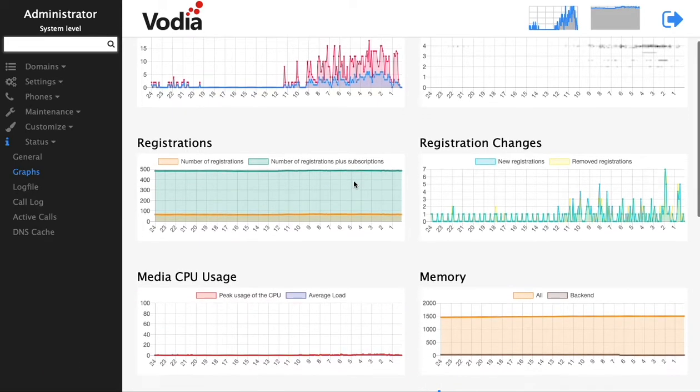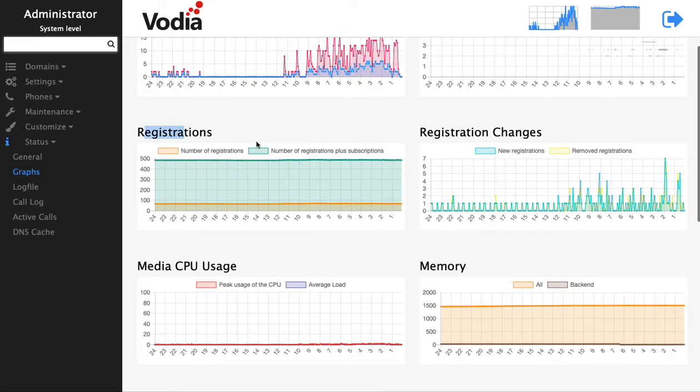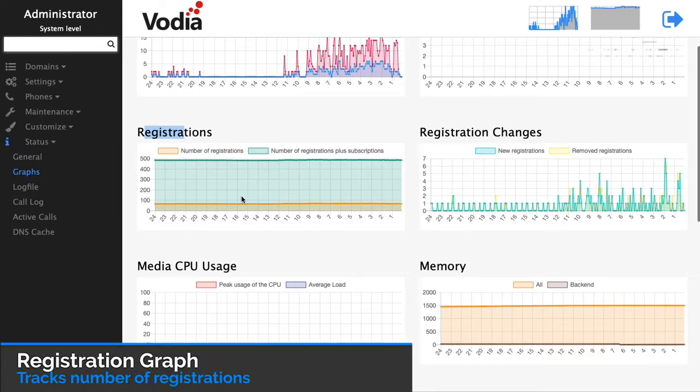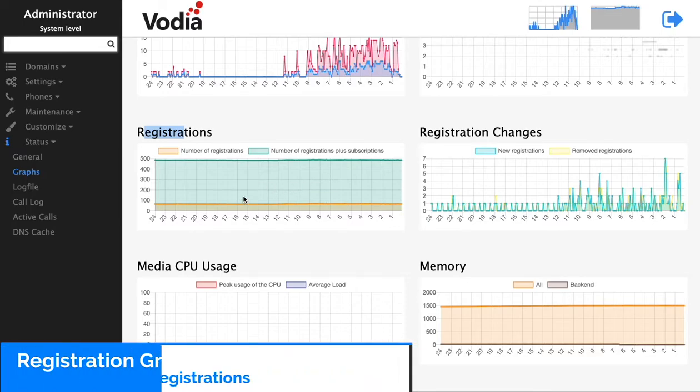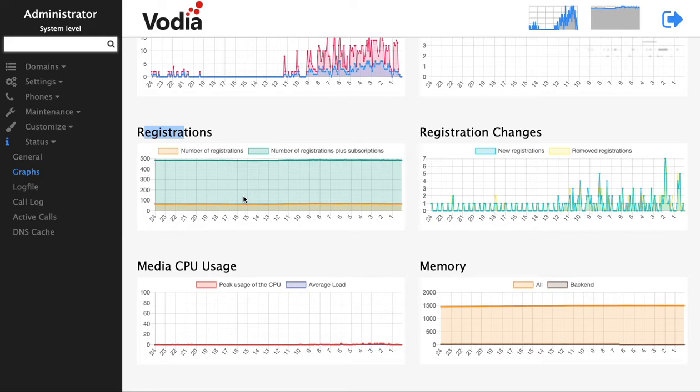Then we have another graph here for registrations. So we keep track of the number of registrations, as in a device registers to the PBX, and that's interesting from the point of view of how many, for example, VoIP phones are registered at a time.